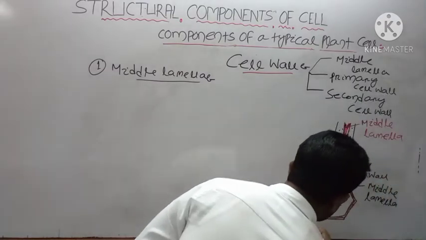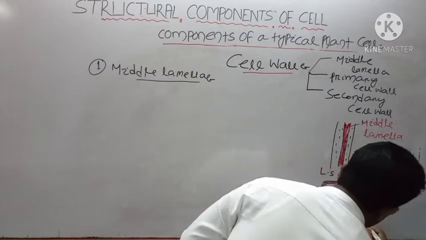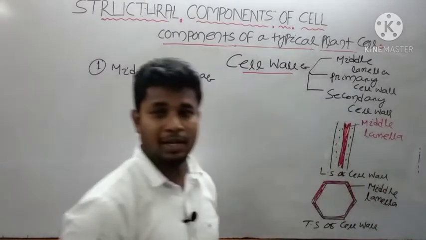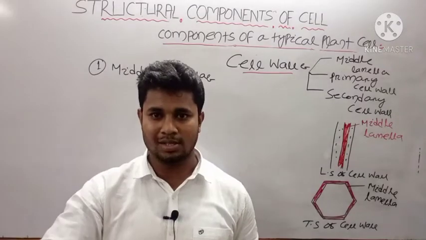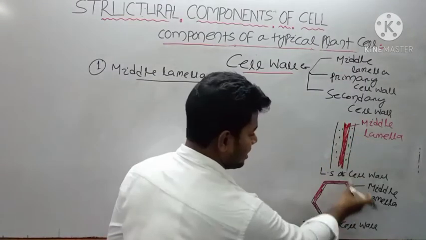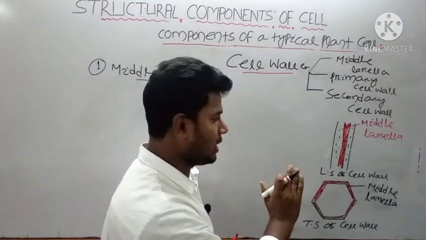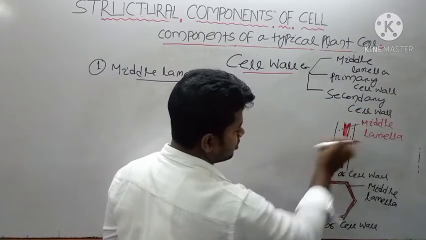This is the transverse section of the cell wall. Here there is the presence of two cells, but here there is a single cell. That's why the middle lamella is present in between two cells.